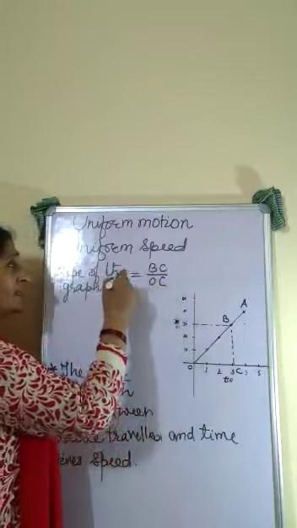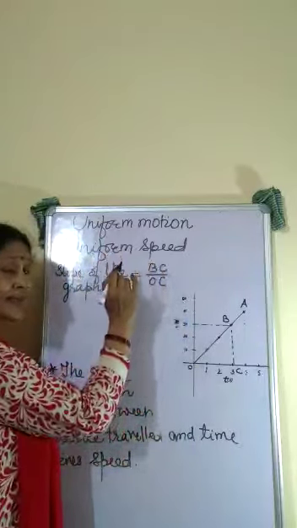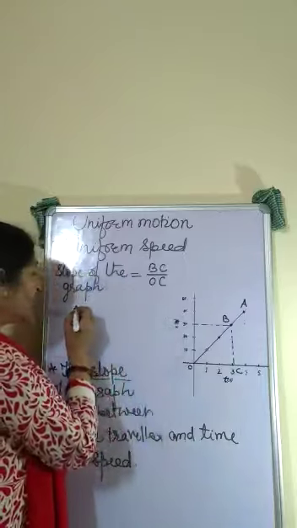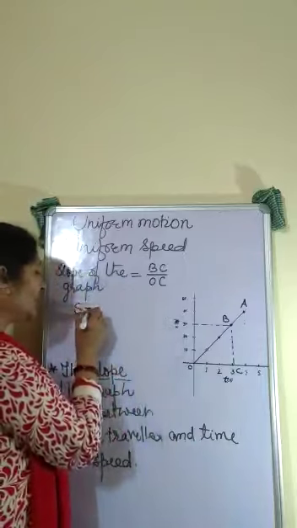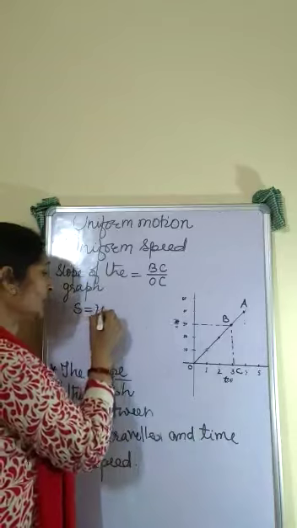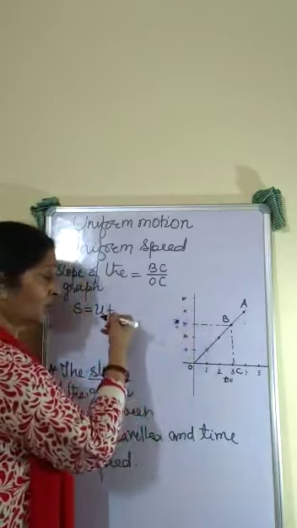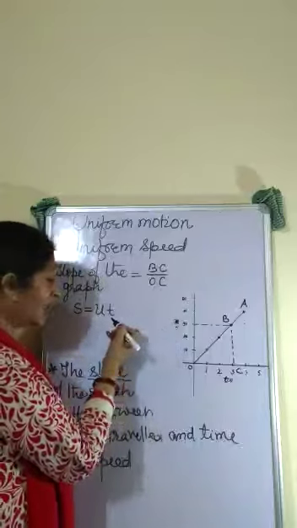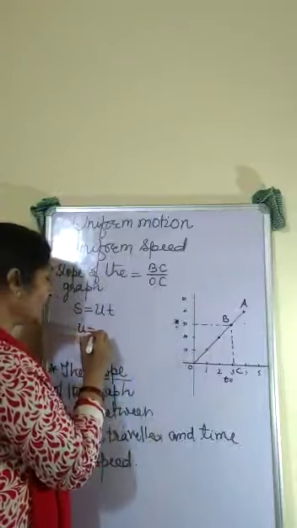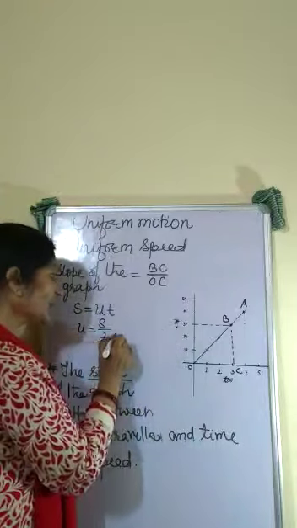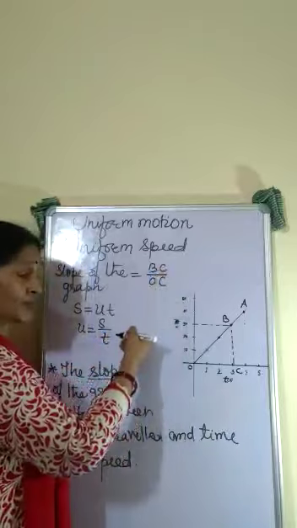In this case, uniform speed, the acceleration is 0. Then the formula of distance travelled will be only ut. Half at square will become 0. So only what we will leave is ut, and u is equal to s by t. Now compare these two.